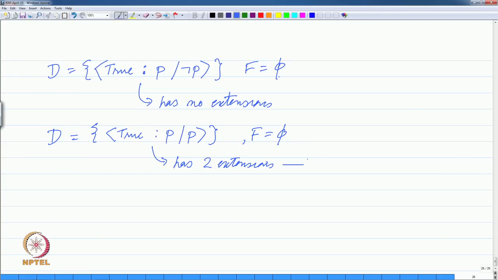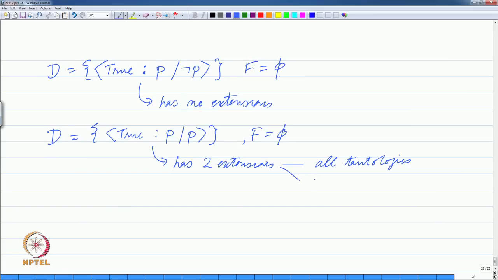One contains all tautologies. Remember that tautologies are true in any extension essentially, by definition, that if you have an extension, then all tautologies would be included in that essentially.